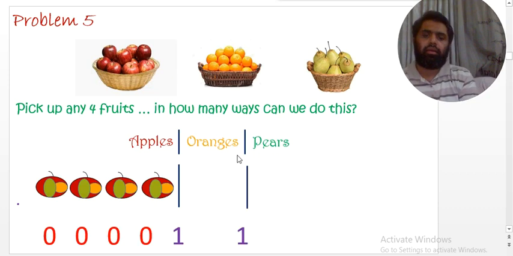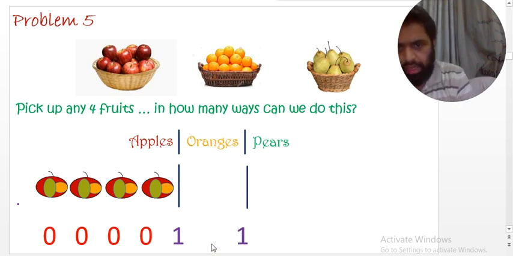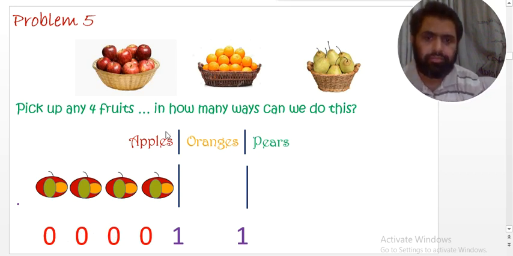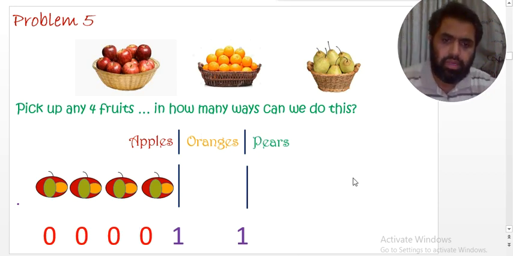So I can make an analogy with zeros and ones. These dividers I can represent with 1, and these fruits that I'm going to select I can represent with 0. So I change the position of ones in between zeros, and I get different combinations of apples, oranges and pears, or different combinations of ones and zeros.